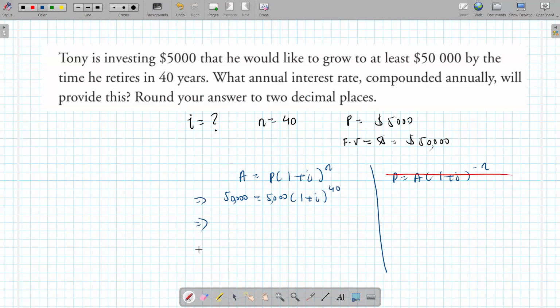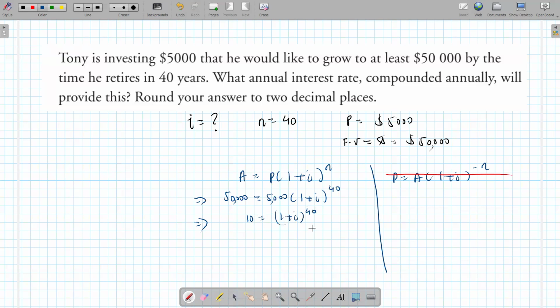How do we solve this equation? What will be the first step? Our unknown is here. You divide by 5,000. All right, so that will give us 10. 10 equals (1 plus I) to the power of 40.